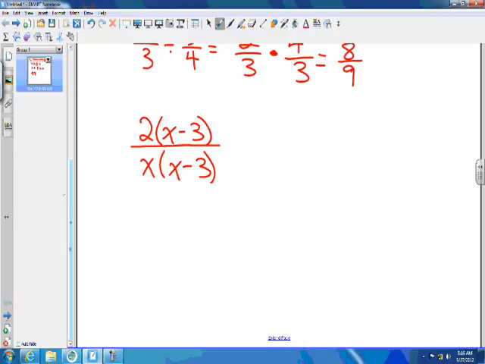The x minus 3's, and that's exactly what you do. You cross those off, and you're left with 2/x. That's simplified. Nothing else you can do to that, so you leave it and move on. Obviously, in your homework, though, it's not going to be that simple. You're not going to be given exactly what you need to cross off. You'll have to get that on your own, then cross it off.